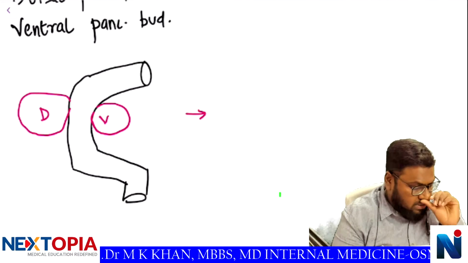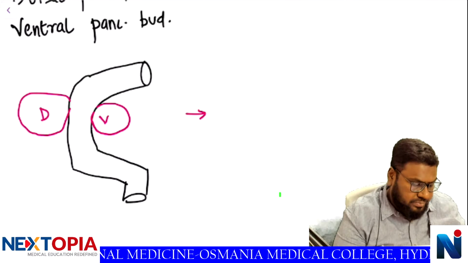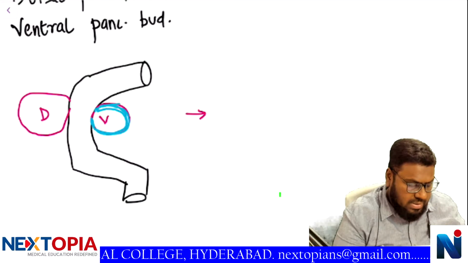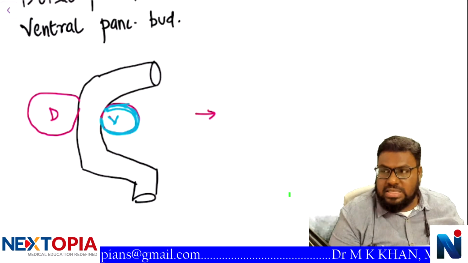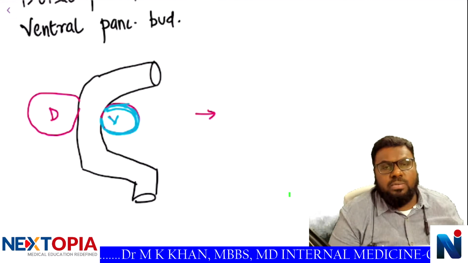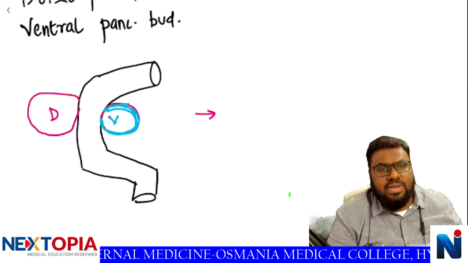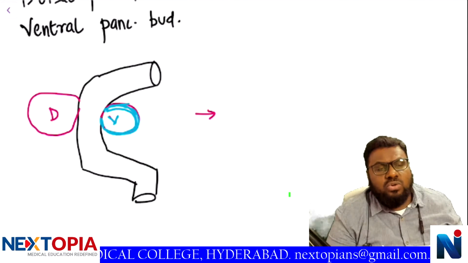As the rotation of the gut occurs, the dorsal and ventral pancreatic buds undergo fusion, at the 7th week of intrauterine life, to form one single mass.